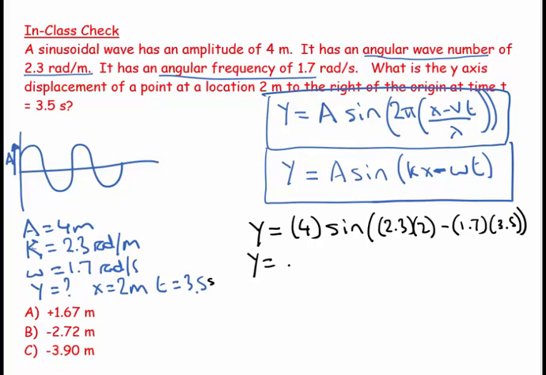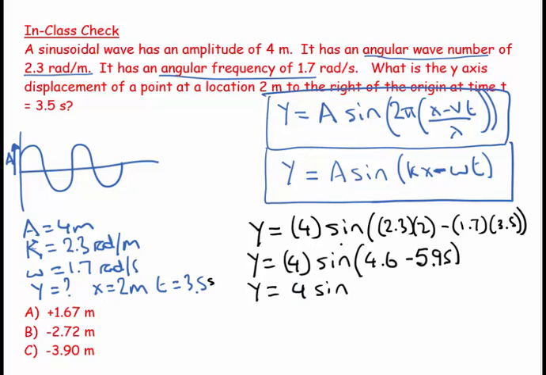So y is equal to 4 sine of 4.6 minus, what is 1.7 times 3.5? 1.7 times 3.5 equals 5.95. So y is equal to 4 sine of 4.6 minus 5.95, which equals minus 1.35.